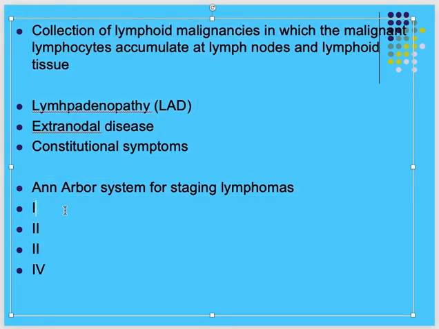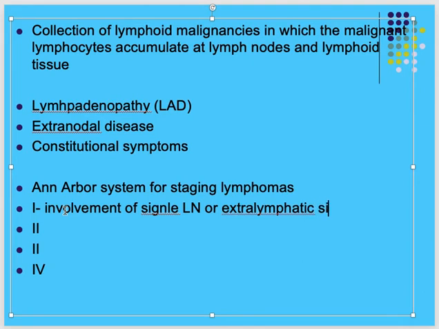So stage one is basically when there is involvement of a single lymph node, or you can say a single extralymphatic site or organ, but just one, not more than one.